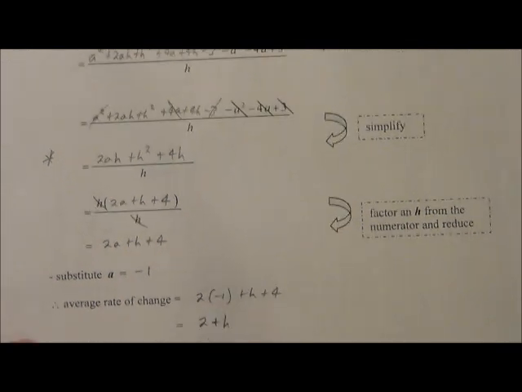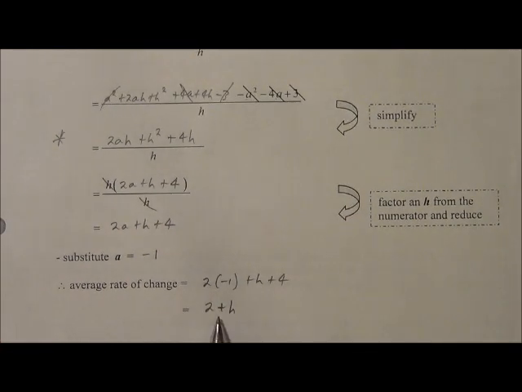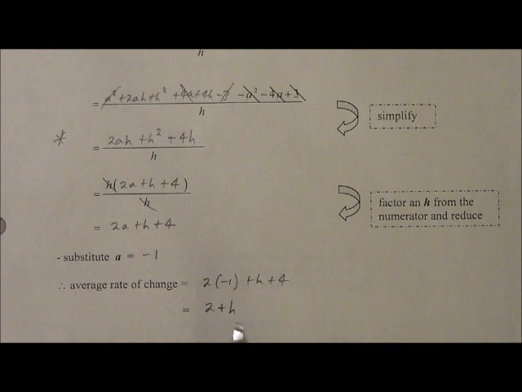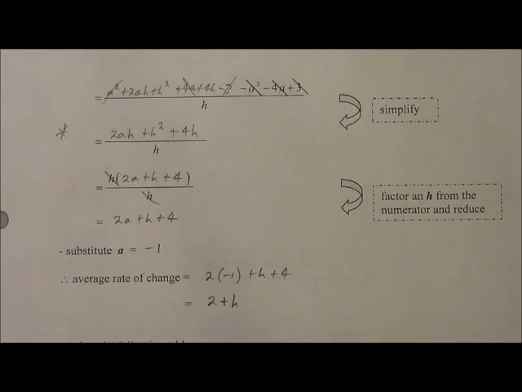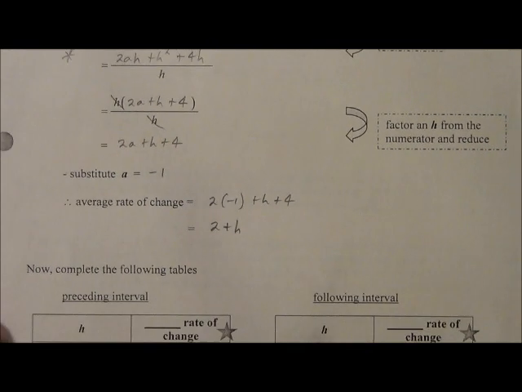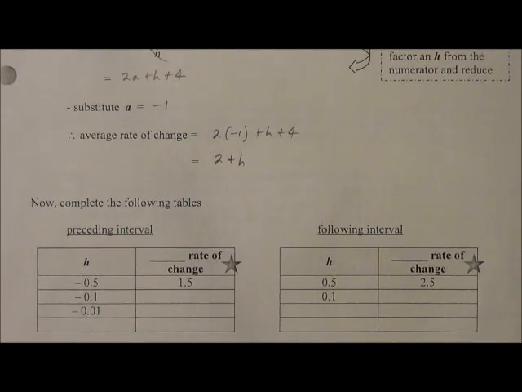So instead of using the slope formula over and over and over again, we have now reduced that slope formula down to this very simple expression 2 plus h, which now we're going to use to find the average rate of change in the preceding and following intervals.